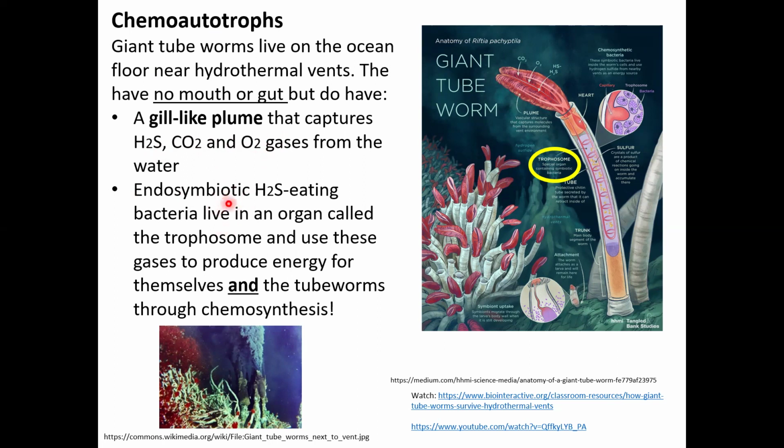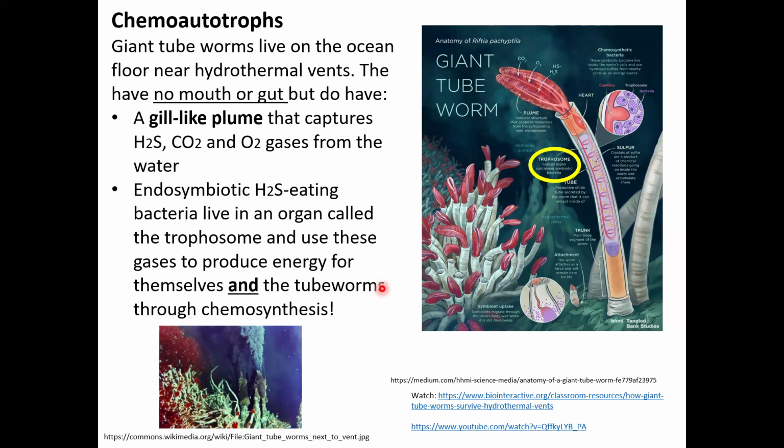And then these endosymbiotic hydrogen sulfide eating bacteria live in an organ called the trophosome and use these gases to produce the energy that's required for themselves and the tube worms through chemosynthesis.